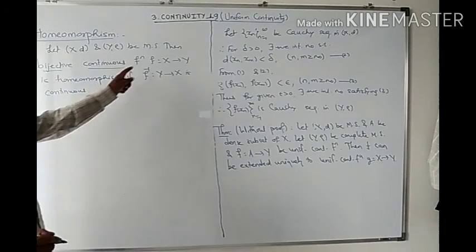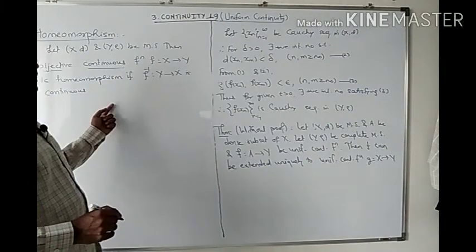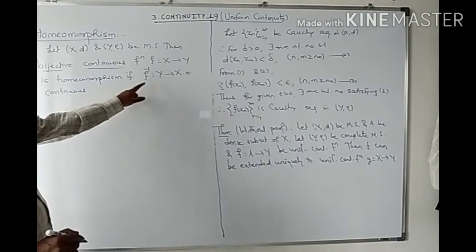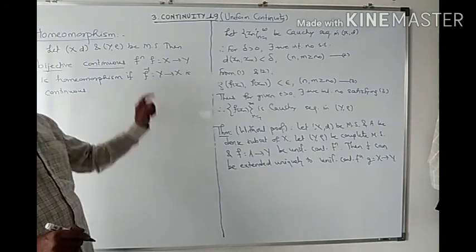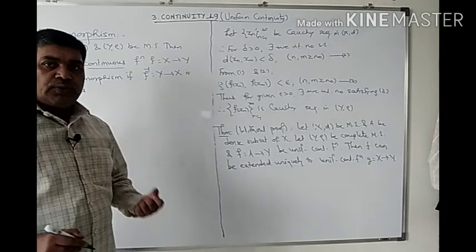So f must be bijective and continuous from X to Y, and its inverse function, as it is bijective, exists from Y to X and it should be a continuous function.